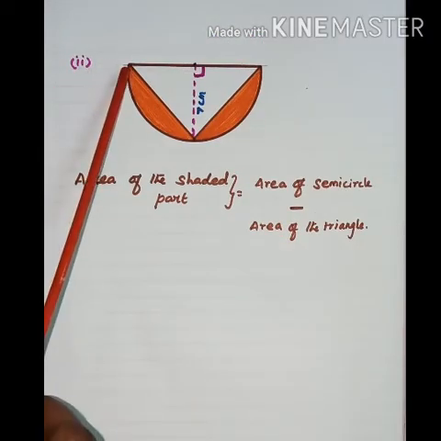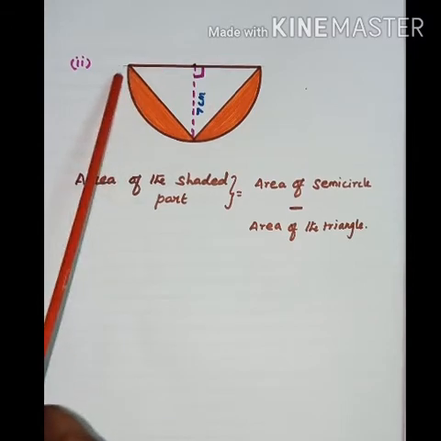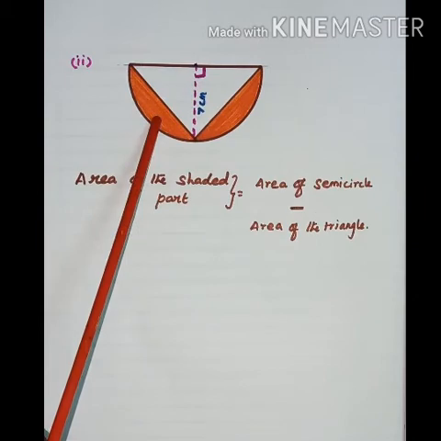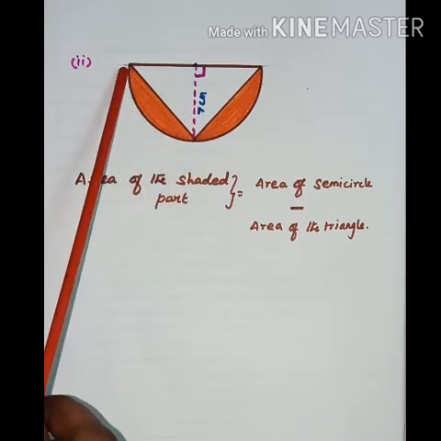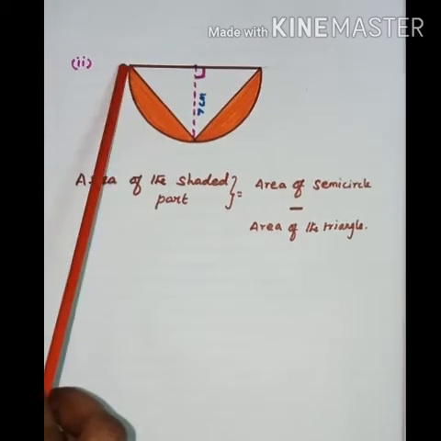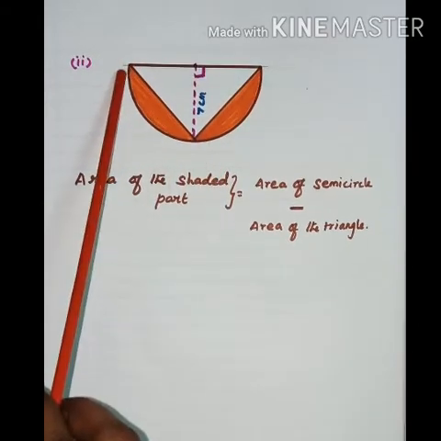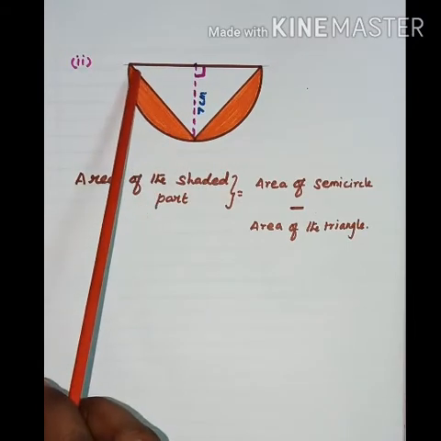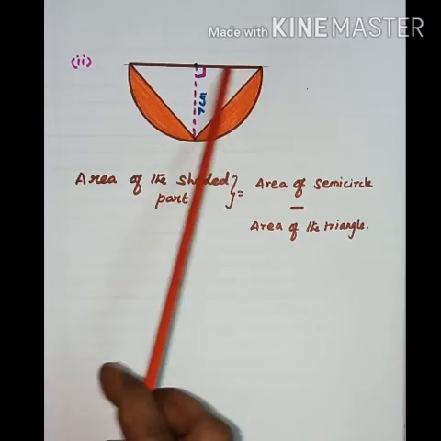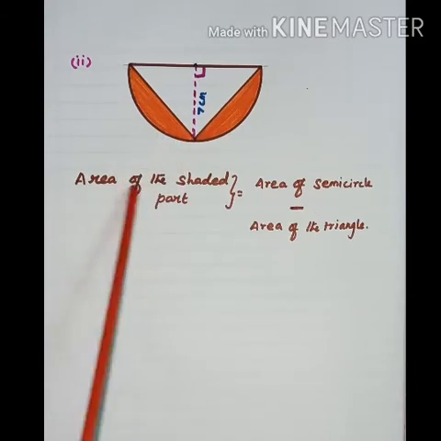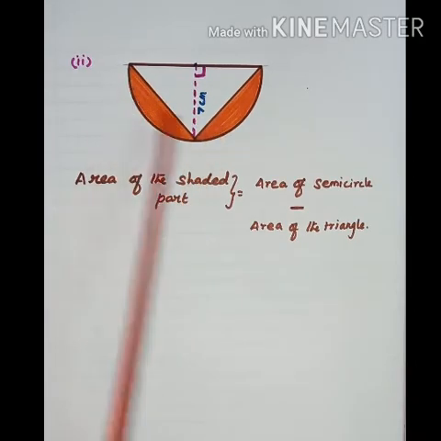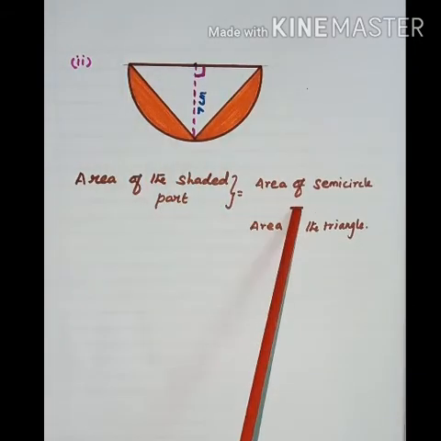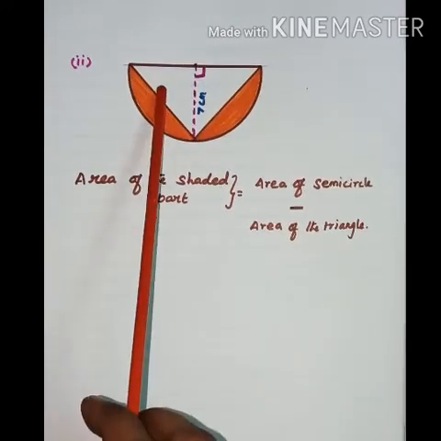Second subdivision is, this figure is given to us. To find out the area of this shaded part, we have to find the area of the semicircle first. From that we have to minus the area of the triangle.